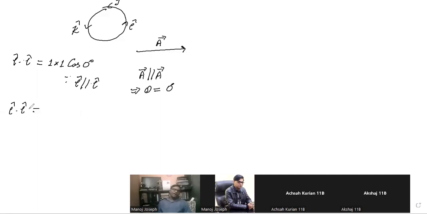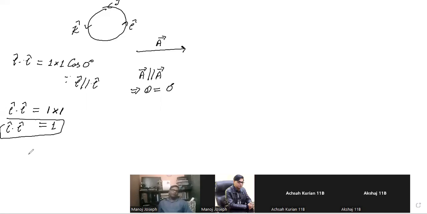So, I dot I cap will be 1 into cos 0, which means 1. Means it will be the maximum. So vector I dot vector I produces 1. Similarly, vector J multiplied with vector J will produce 1. And vector K with vector K in the dot product will give us 1 only.